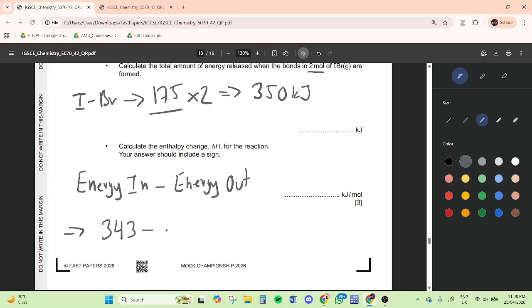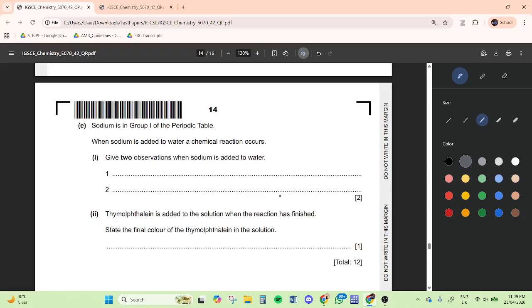And the total amount of energy given out when you formed new bonds is 350. Now sign change is very important. This will be -7 kilojoules per mole. This will be -7.